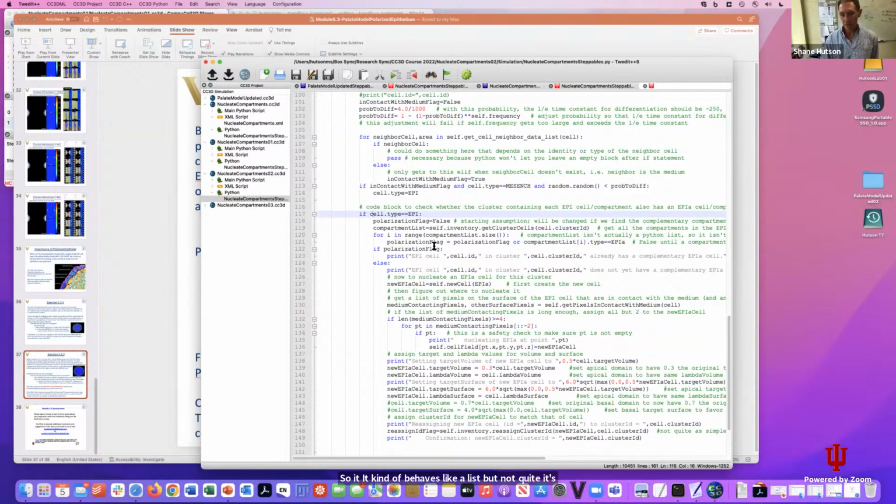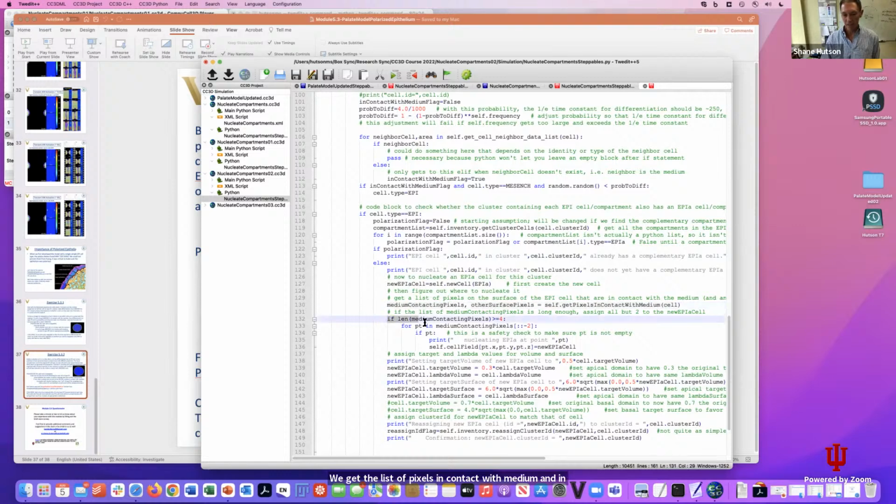But assuming we do this, we find the polarization flag. If it's true, then great. It already has a complementary epi cell. If the polarization flag is false, then we need to nucleate a new one. So we create the new epi-A cell. We get the contact, we get the list of pixels in contact with medium and in contact with other kinds of surfaces.